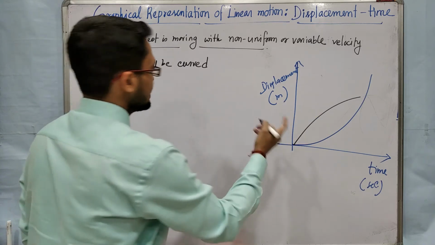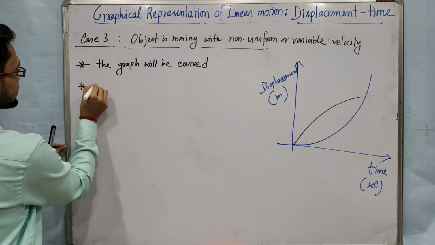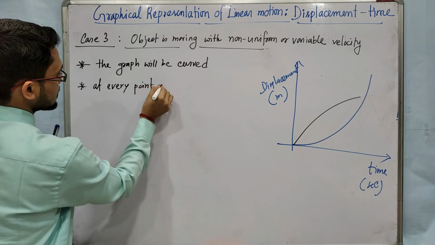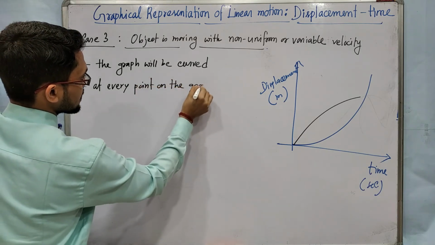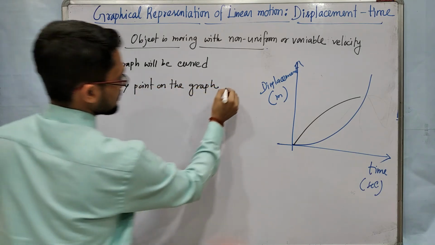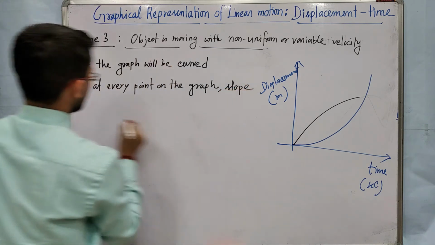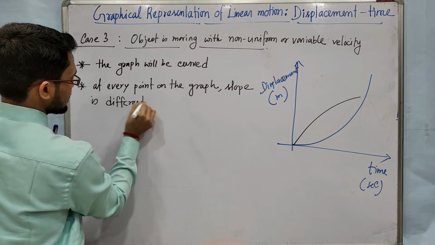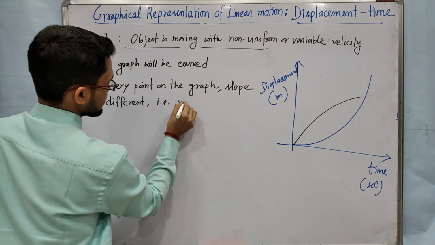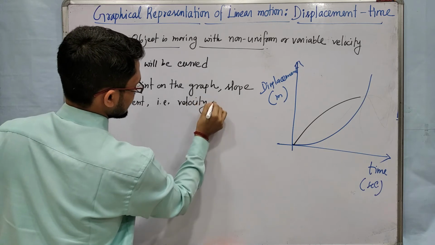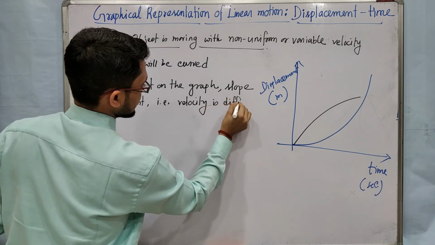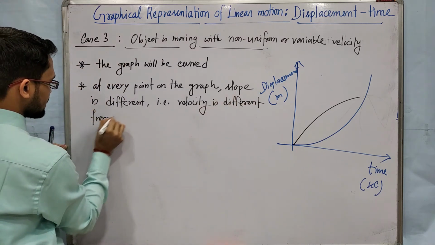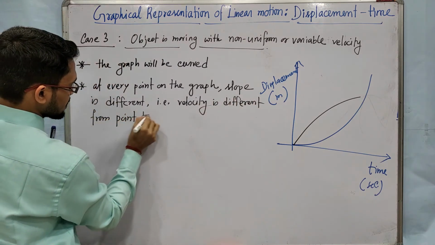Here at every point on the graph, slope is different. Okay, that is velocity is different from point to point.